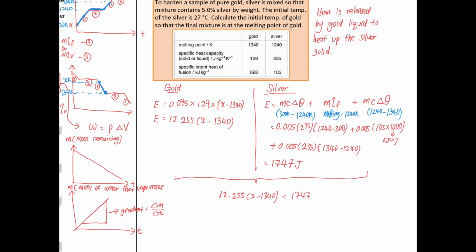Then we just do some calculation and find x. I divide by 12.255, then I add 1340. So I will get 1480 Kelvin, correct to 3 significant figures. So that's how we do it. Settle.